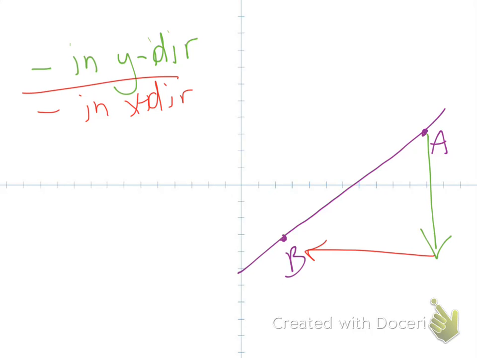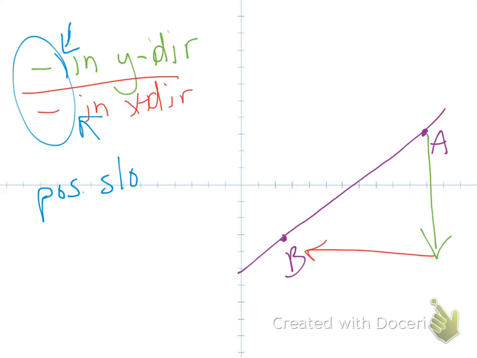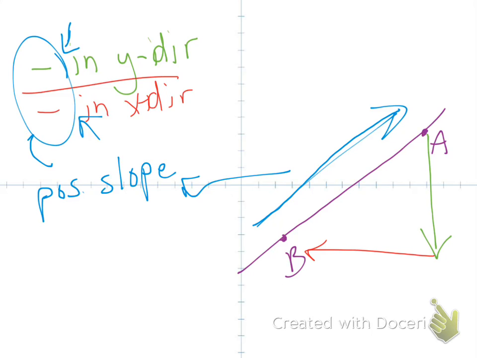But now watch what happens. When I do the division here, a negative divided by a negative gives me a positive slope. And if I look again, I go up. Remember, I go from left to right. I'm going up. That means it's positive, and it's positive because negative divided by a negative is a positive.